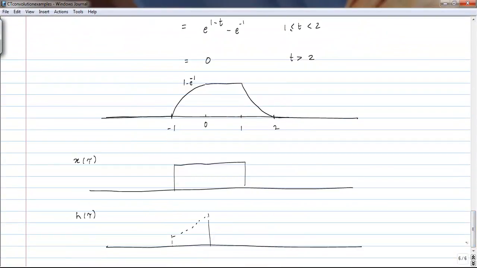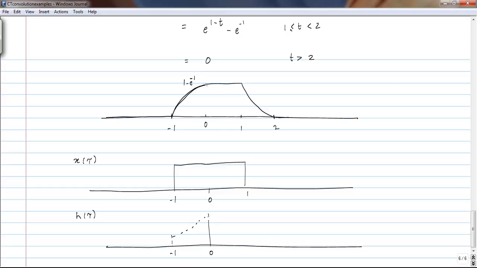Now clearly when I shift it to the left by more than minus 1, I get 0, so this makes sense. After that, there is some overlap between this function and this, so we get the integral of this. That increases. That makes sense.